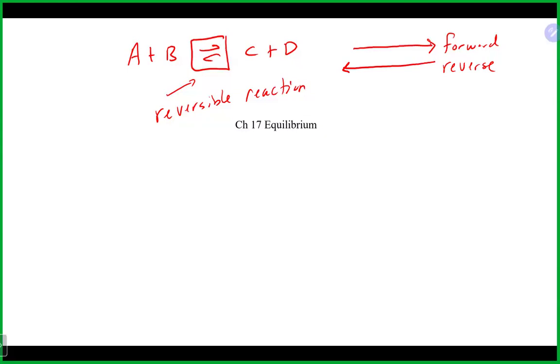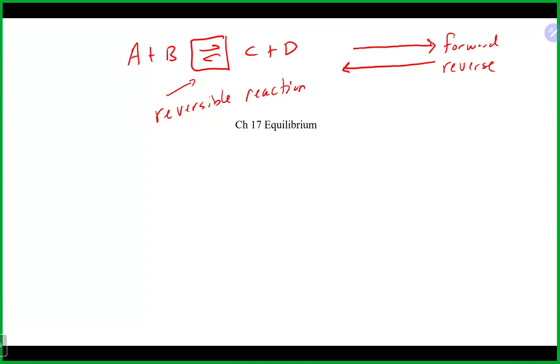And as we'll talk about in this chapter, sometimes people, when they hear the word equilibrium, have a wrong indication about what it means. And it's probably because it sounds like equal in the name. So people think that when it reaches equilibrium, you have equal amounts of everybody on each side of the arrow. And that's actually not what it means.